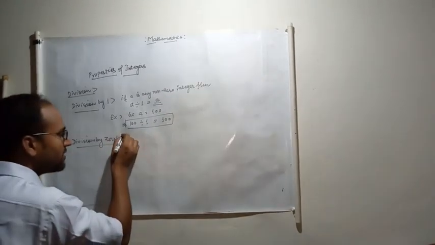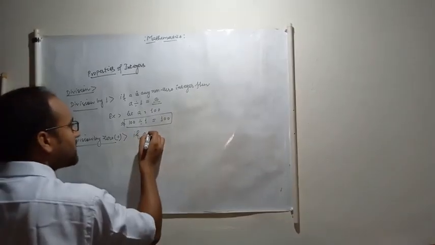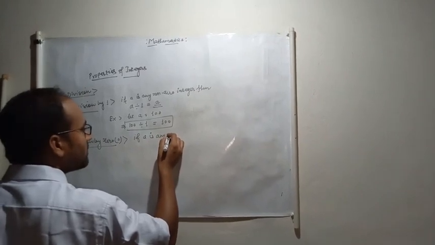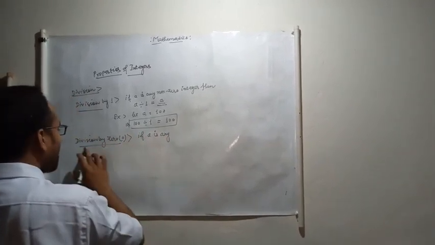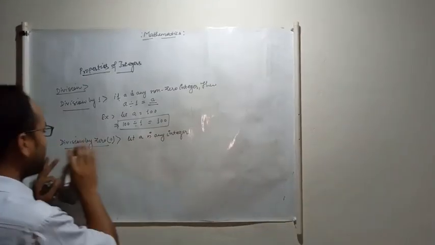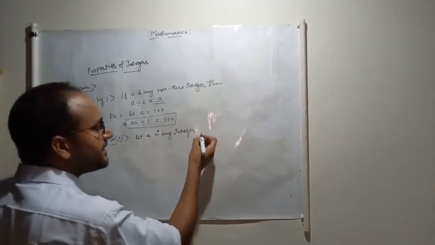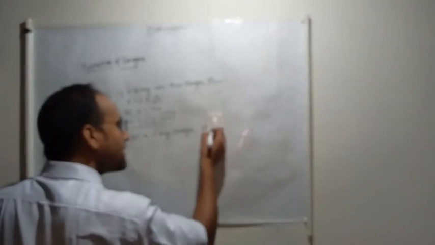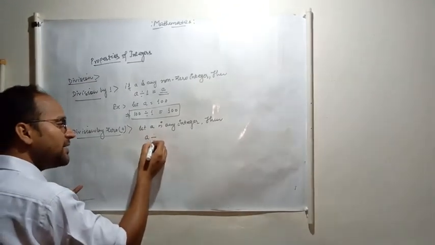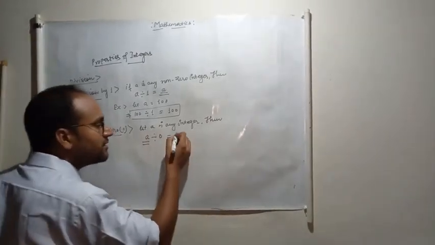Division by 0. Let a be any integer. If you divide any integer by 0, it is not defined.